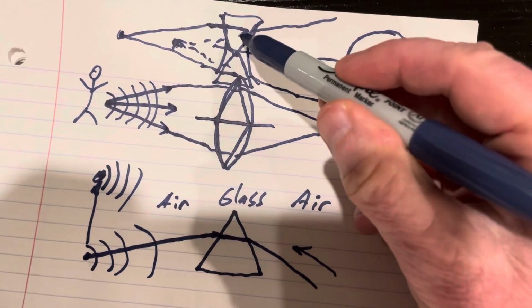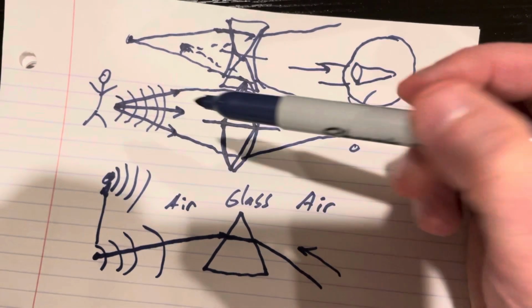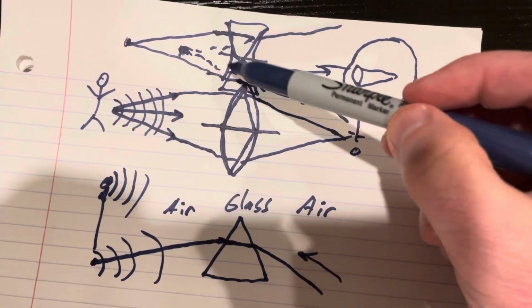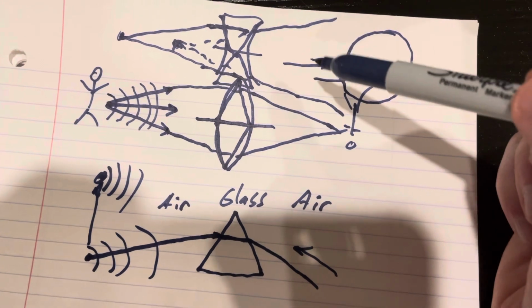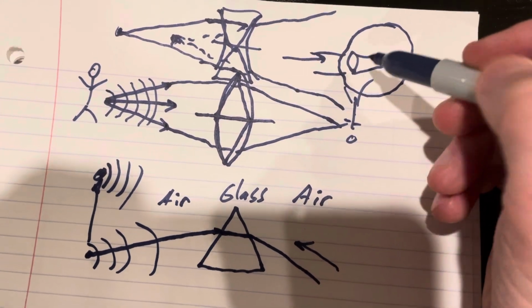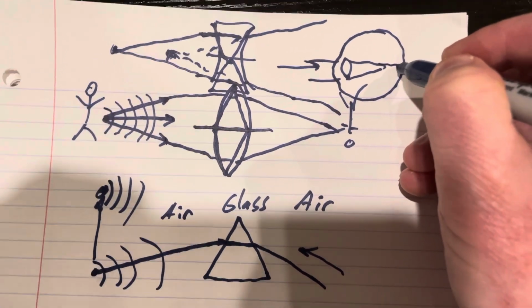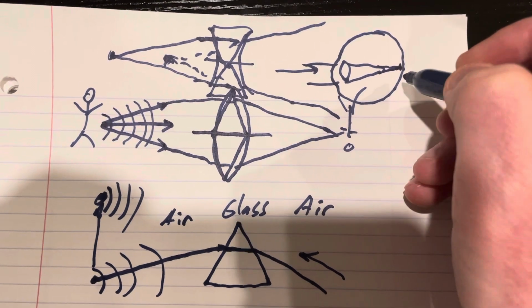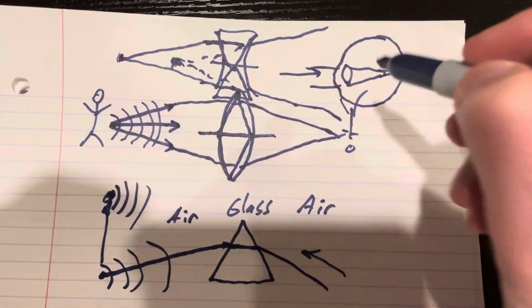And what we're able to do by bending these light rays or these waves, moving them to an alternate position, is that we can refocus this light back onto the center, onto the retina, from a point-to-point source.